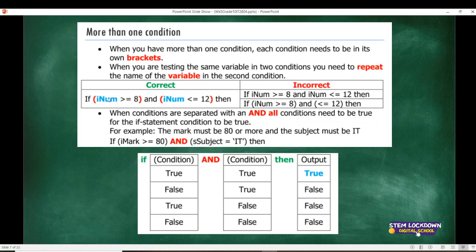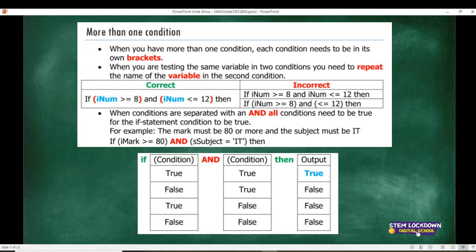So each separate one on either side of the and must have brackets around it. If you're testing the same variable in your if statement, like this example here, if I num is greater than or equal to 8 and I num is less than or equal to 12, you have to repeat that you're talking about I num.